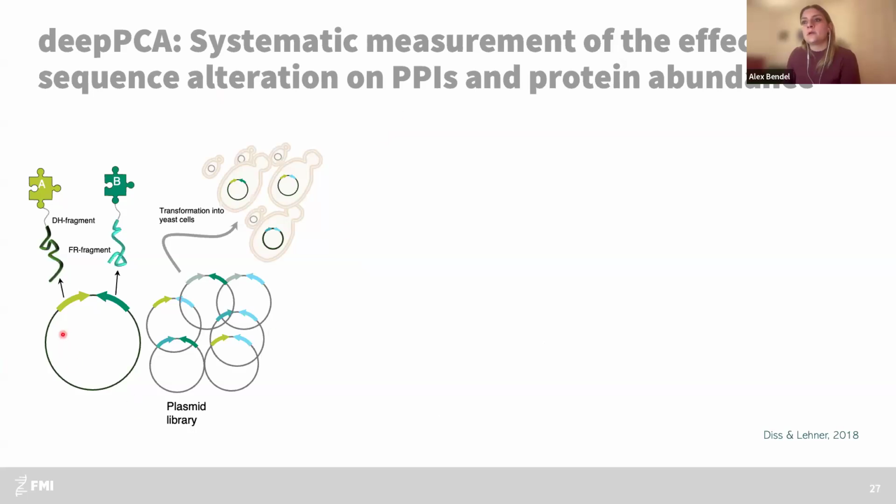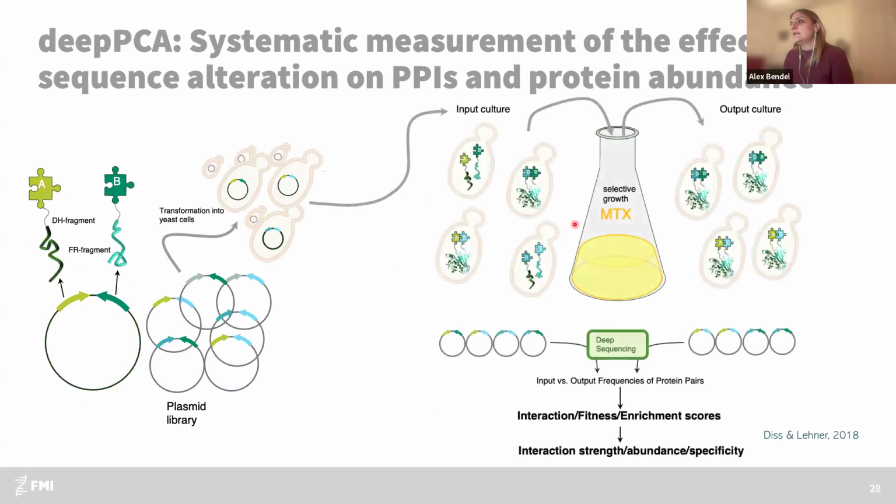So we can clone plasmid libraries where we express different combinations of proteins from the same plasmid, and transform this plasmid library into yeast cells so that every yeast cell expresses one pair of tagged proteins. We then let them grow in a pooled culture under selective conditions, so that we only enrich for cells expressing interacting proteins.